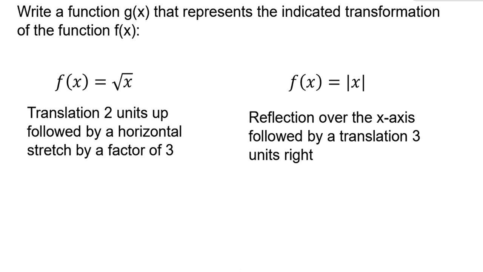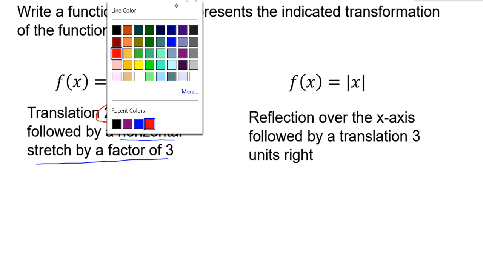Okay, let's try these. Okay, parent function, the square root function. Translation 2 units up. Okay, there's one of my transformations, followed by a horizontal stretch by a factor of 3. Okay, 2 units up. Let's look back at our cheat sheet.